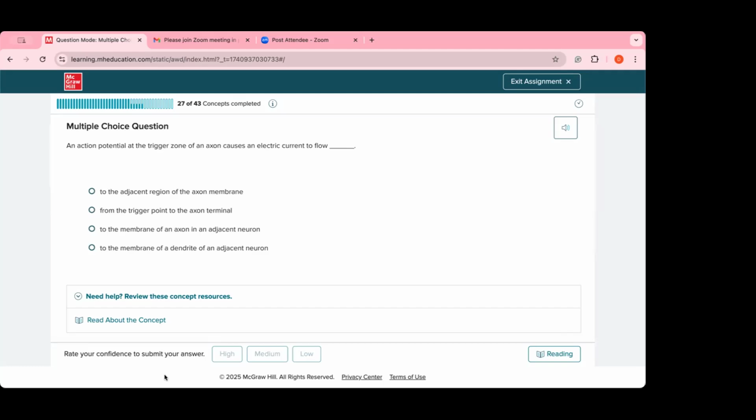Causes an electric current to flow to the membrane of an adjacent. Okay.